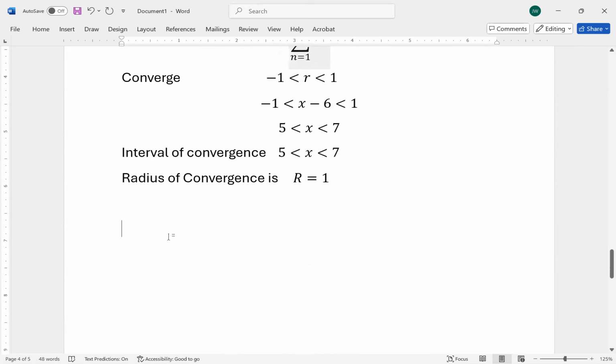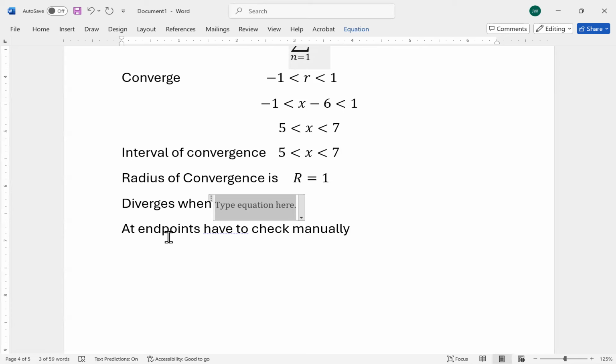So at the endpoints, we have to check manually. In other words, the original series diverges when x is greater than 7 and x is less than 5.